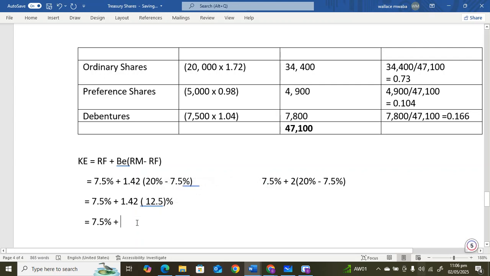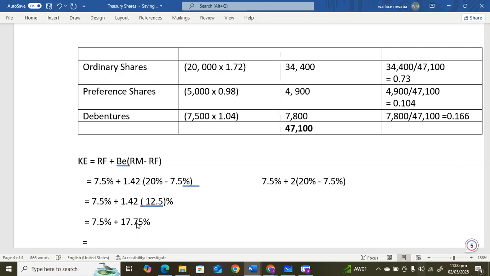My calculator is telling me 17.75. If you want, you can convert these percentages into decimals, and then at the end you have to convert it back into a percentage again. So you're better off leaving it as a percentage.